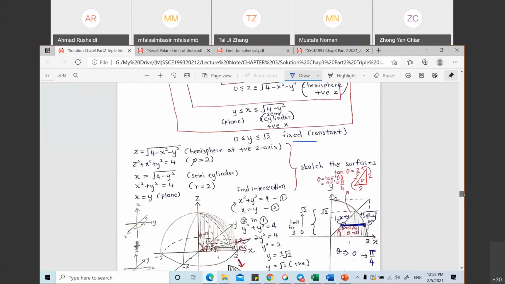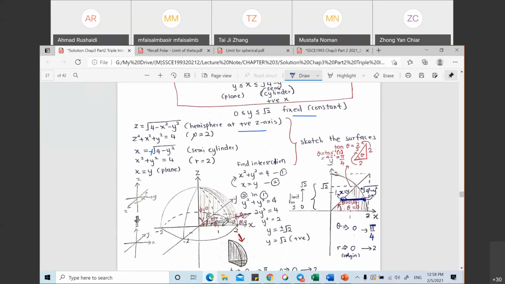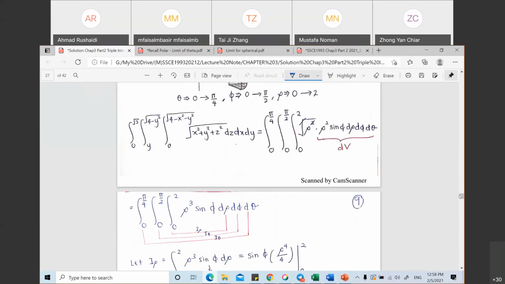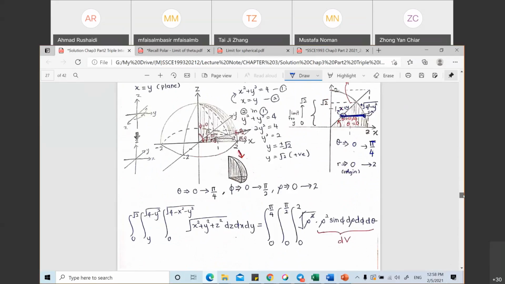So if you draw that, you have a sphere, positive x-axis, semi-cylinder. Because we only consider positive when x equals something, which means it is on this side. So when you take this out to see the limit, where is it?